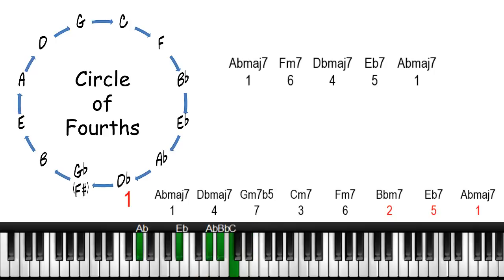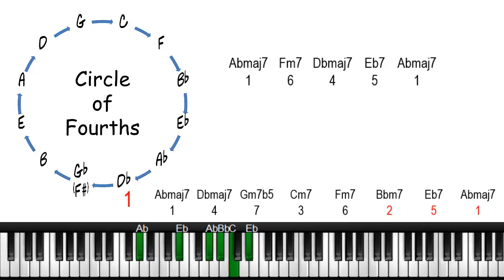So we would play 1, 6. We can throw in this passing chord to the 4, and to the 5, to the 1, passing chord to the 5, and then to the 1.